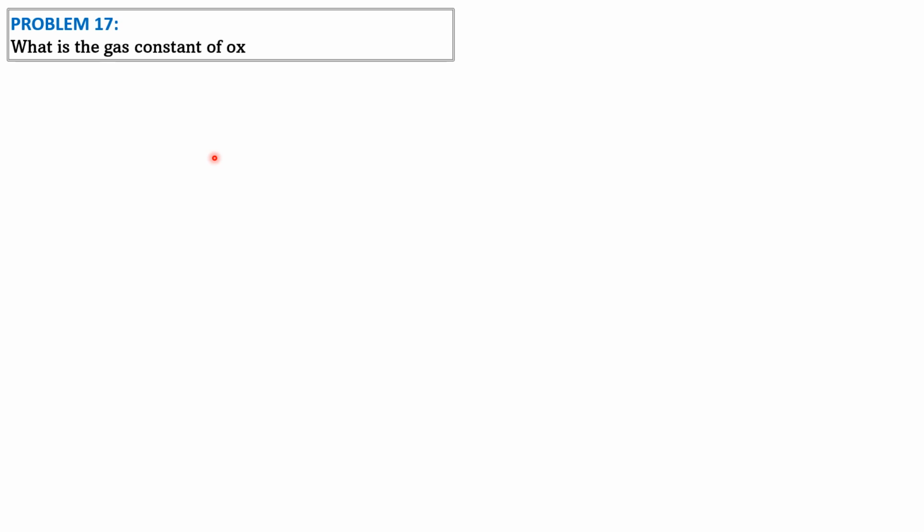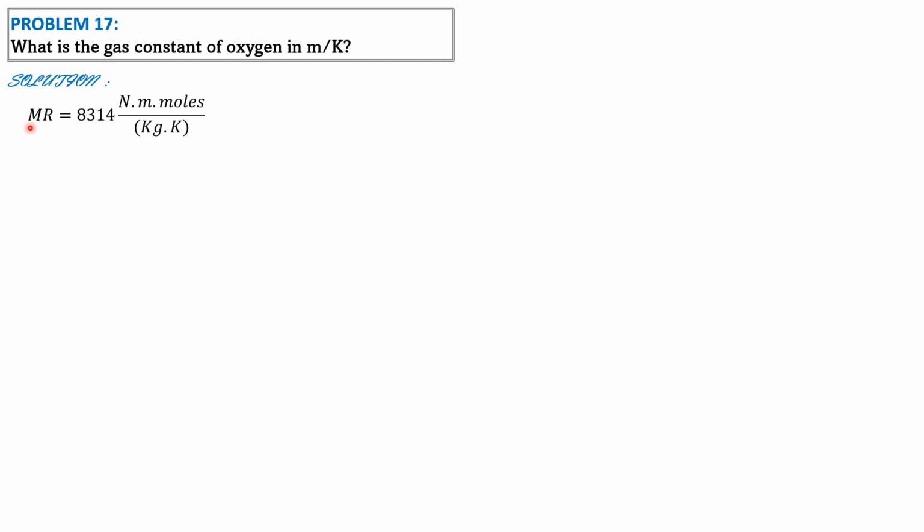Problem 17. What is the gas constant of oxygen in meter per Kelvin? So take note that the universal gas constant is 8,314 Newton meter per mole kilogram kelvin. So MR equals 8314 Newton meter per mole kilogram kelvin.